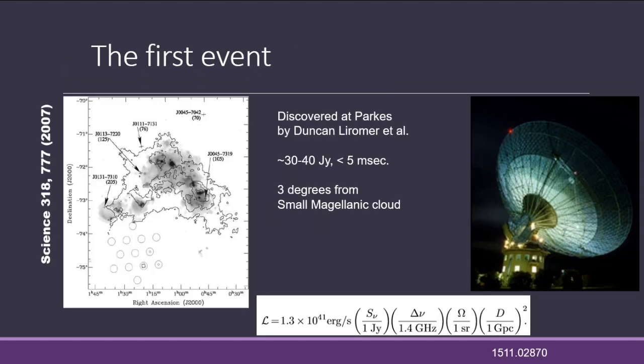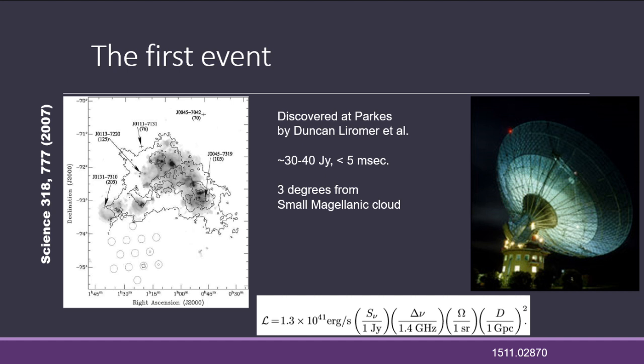Okay, so let me say a few words about the first event. It was discovered with a 64-meter antenna, the Parkes radio telescope in Australia. You can see it on the right. People were just surveying the sky, and they observed a rather unparticular piece of sky close to the small Magellanic Cloud.